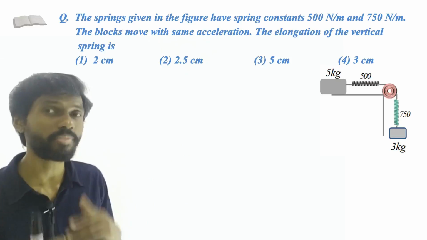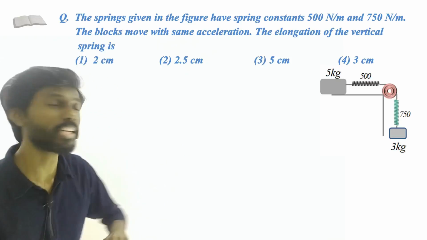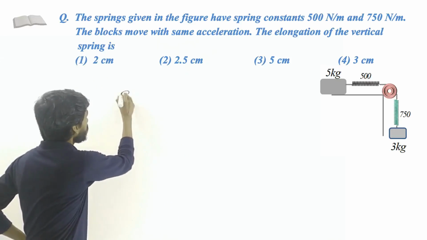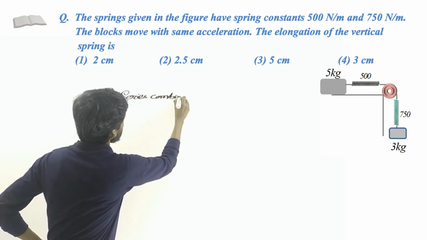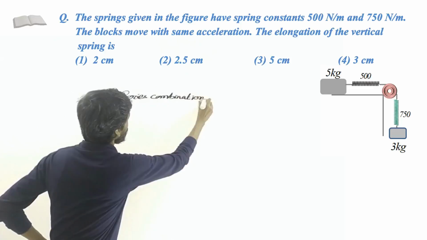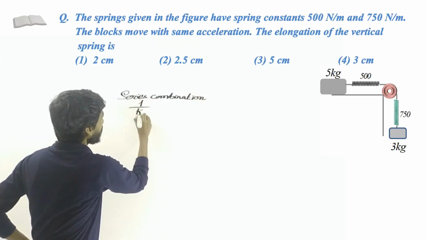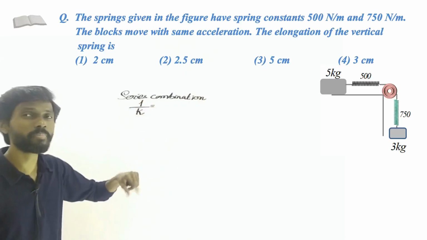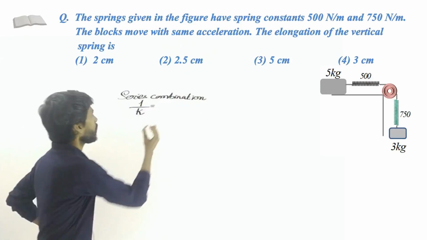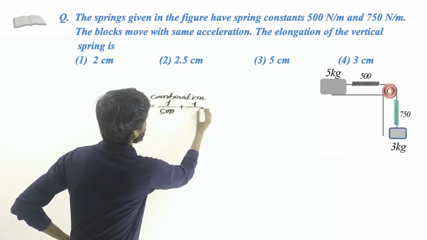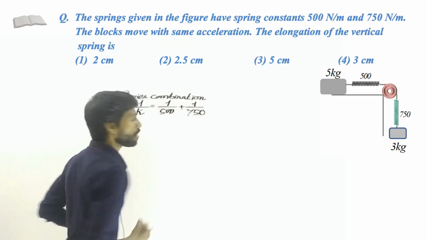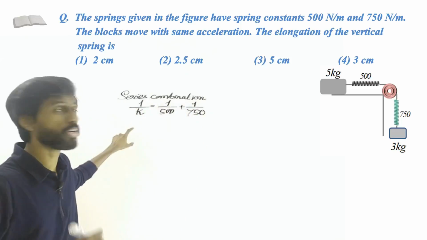Now we can find the effective spring constant, right? For series combination, the formula is 1 by k equals 1 by k1 plus 1 by k2. So k1 here is say 500. So 1 by 500 plus 1 divided by 750. Simplify this, you get the value of k.